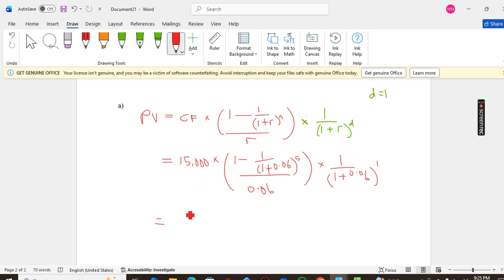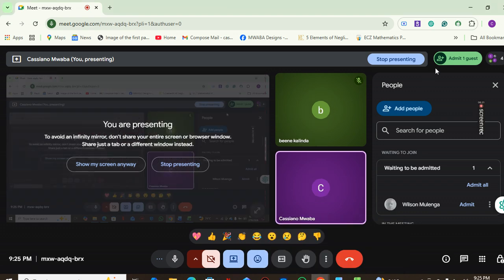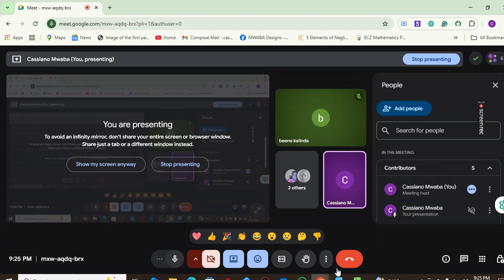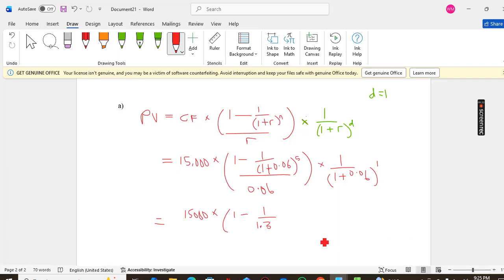Then 15,000 multiplied by 1 minus 1 over 1.33, over 0.06, multiplied by 1 over 1.06.